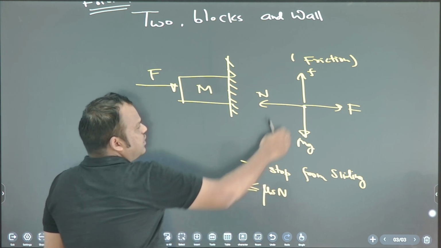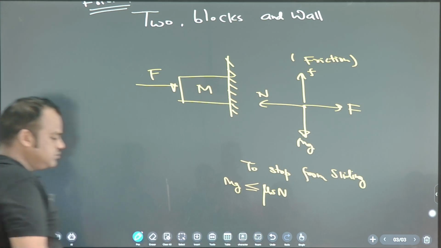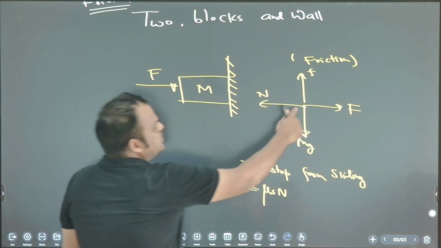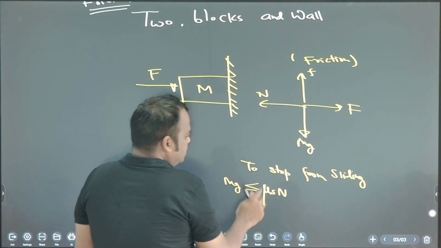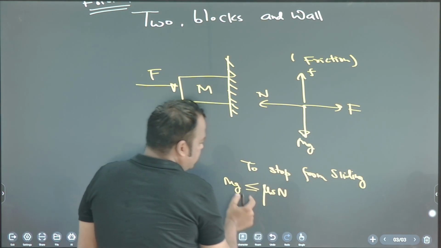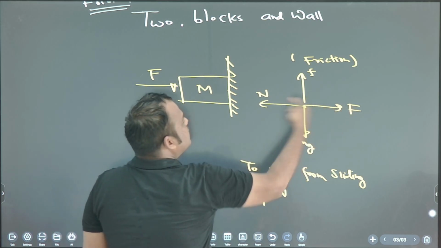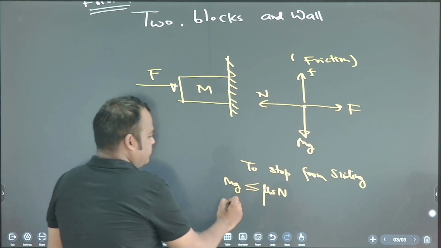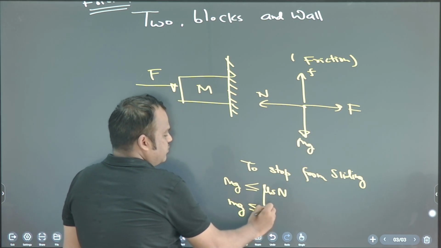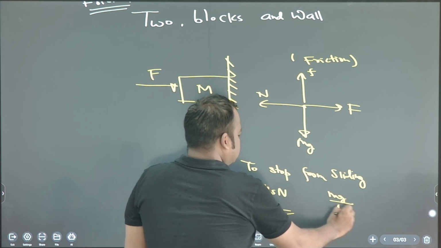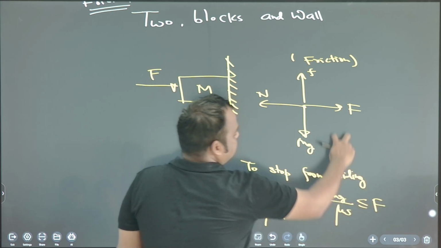Why is it falling? Because of mg. And N is F. So mg must be less than or equal to mu s F, so mg by mu s must be less than or equal to F.